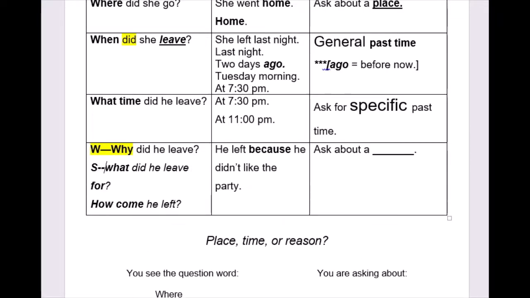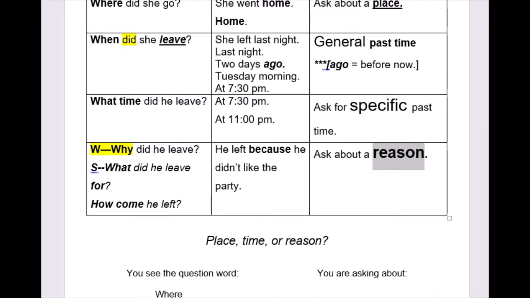So, all right. And he left because he didn't like the party. That's the answer. So I use why because I ask about the reason, okay?